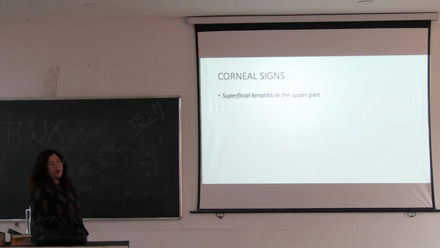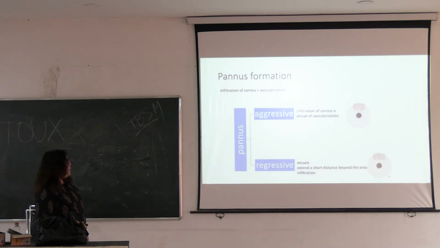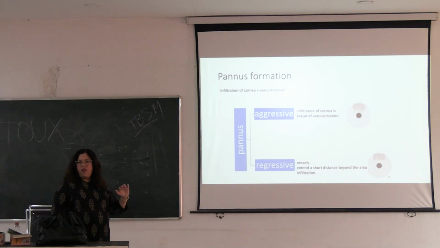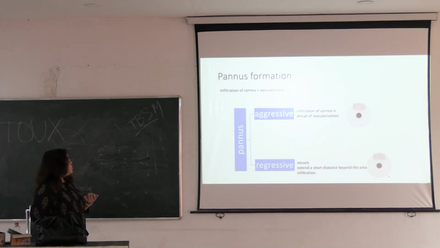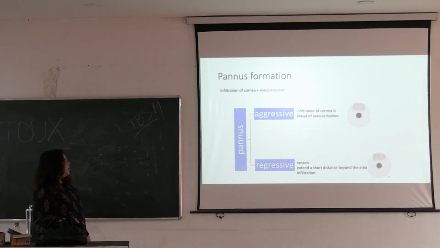Then when it affects the cornea, it causes superficial keratitis in the upper part. Trachoma is also present in a progressive form and a regressive form. In progressive trachoma, progressive infiltration of the cornea is present. These are vessels which encroach on the cornea, that is called pannus, and this is the progressive stage, and this one is the regressive stage.